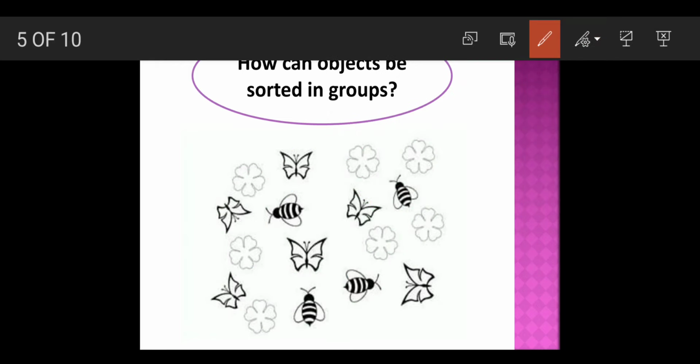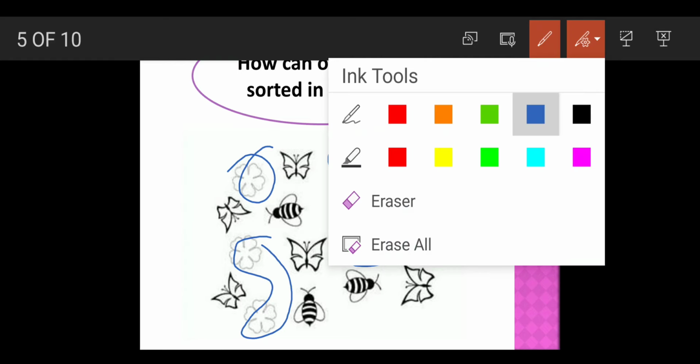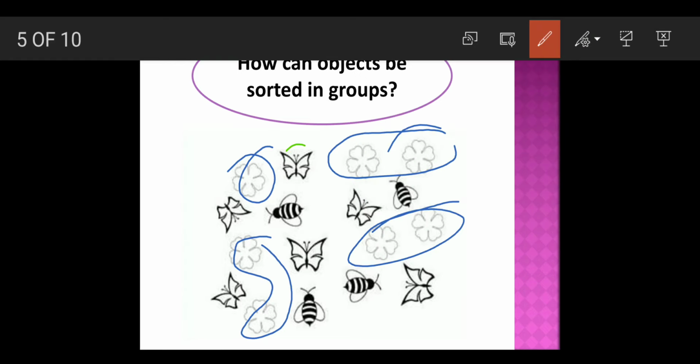Another way of grouping them would be to look at the characteristics and decide that some are flowers and some are insects. So we can group them separately. All the flowers will go in one group and the insects would go in another group.